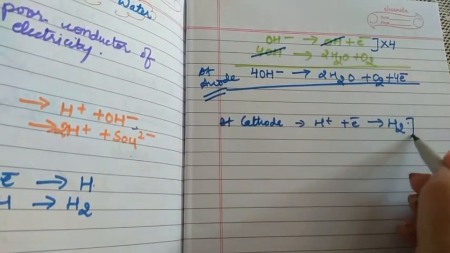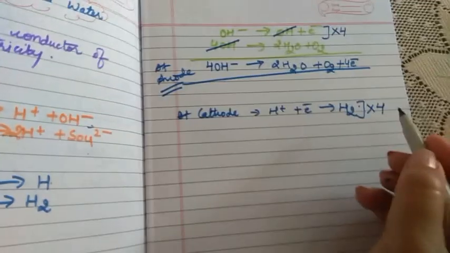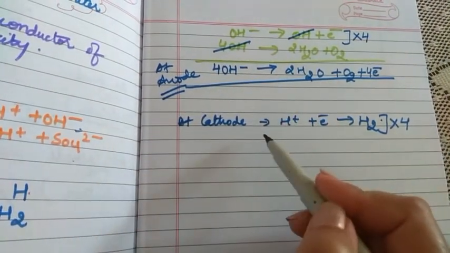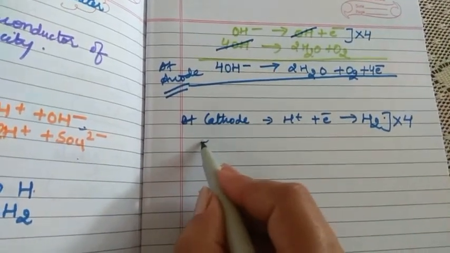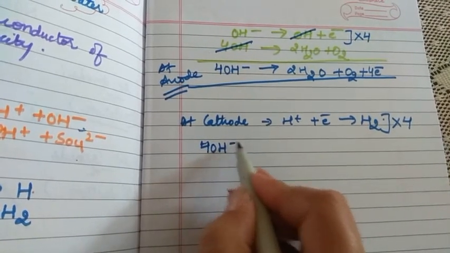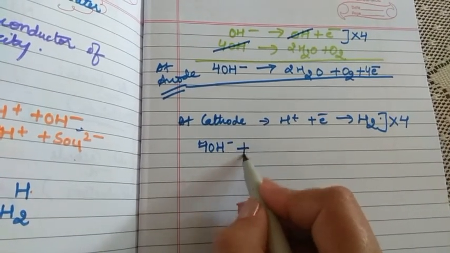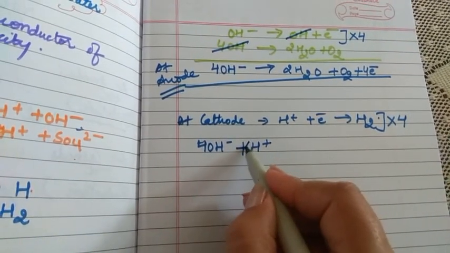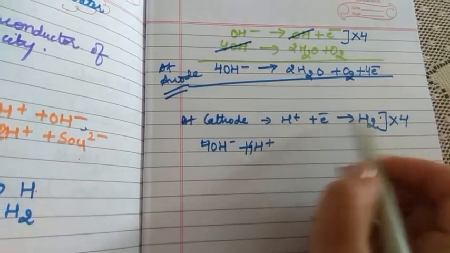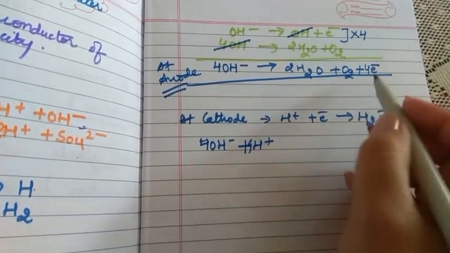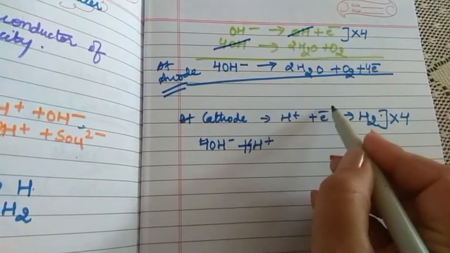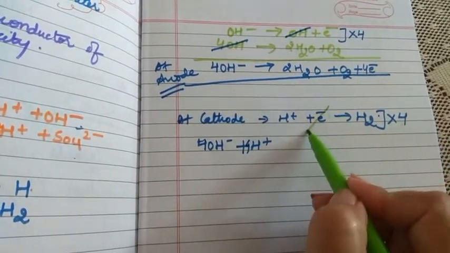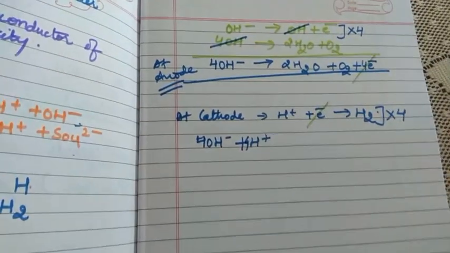So at cathode we have to multiply this equation by 4. So adding both the equations, we get 4OH- plus 4H+. Here it will be 4 electrons, and here also 4, and the 4 electrons will cancel out.